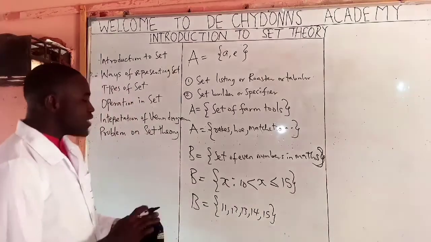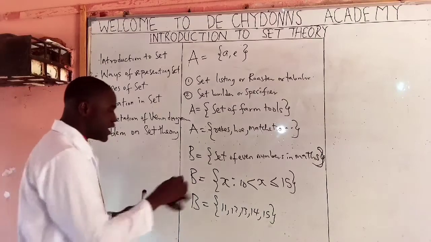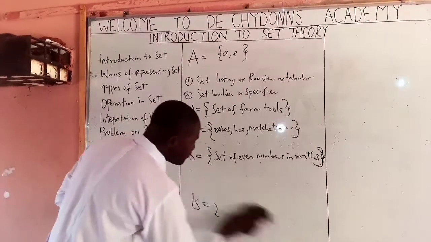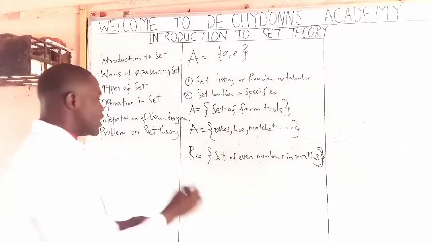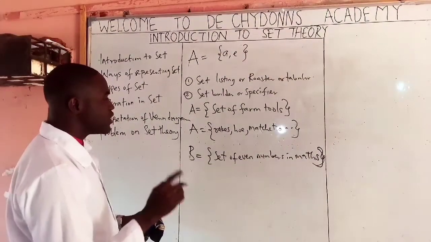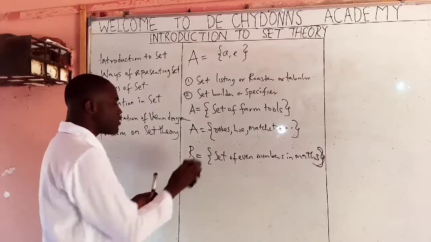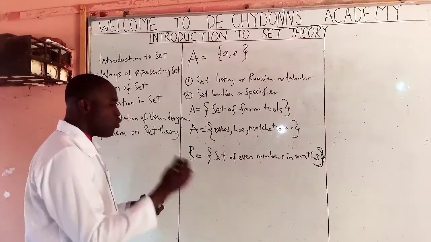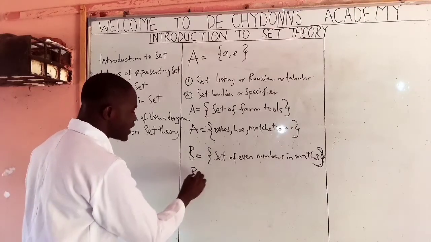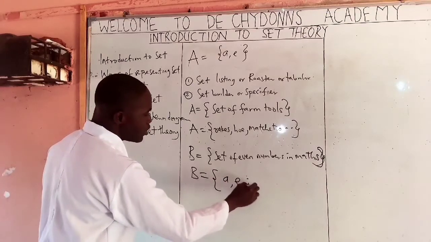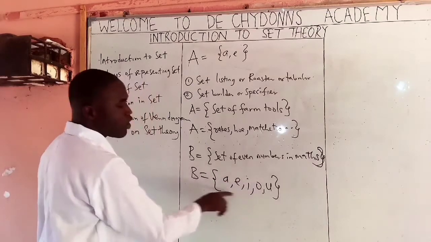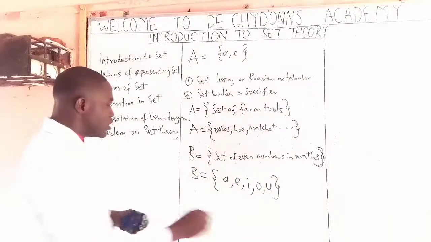Now note that in writing the elements of a given set, there is no need of repeating an element more than once. I repeat, in listing out the elements of a given set, there is no need of repeating an element more than once. Take for instance, if they say set B equals A, E, I, O, U, these are the set of vowels in the English language.